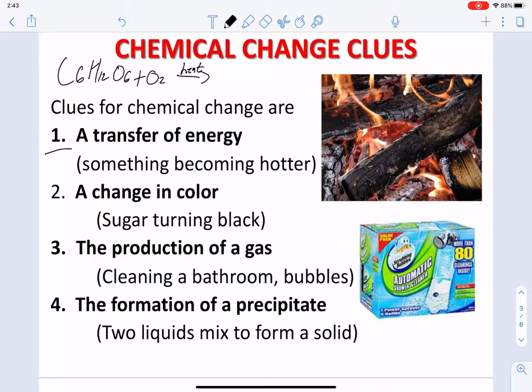Maybe we have something like this, where this substance is breaking down to form carbon dioxide and water. So the substances are changing, okay? We are getting different products than what we started with, okay?